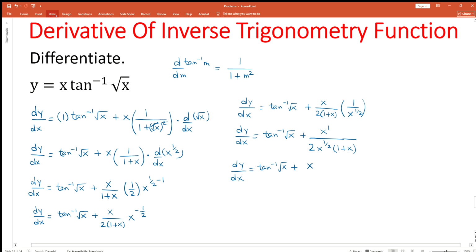I get x to the power 1 minus 1 over 2 in the numerator, and in the denominator we are left with 2 times 1 plus x. In the exponent on x, 1 minus half is equal to positive half. Next, we can change the exponent half to square root.